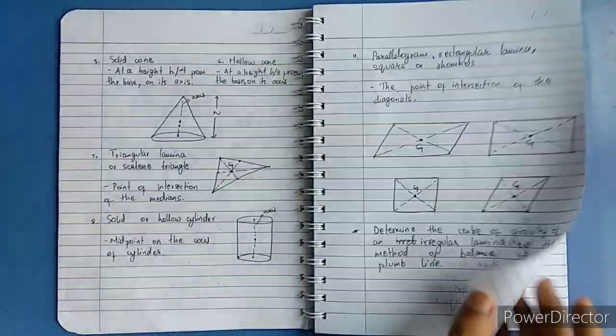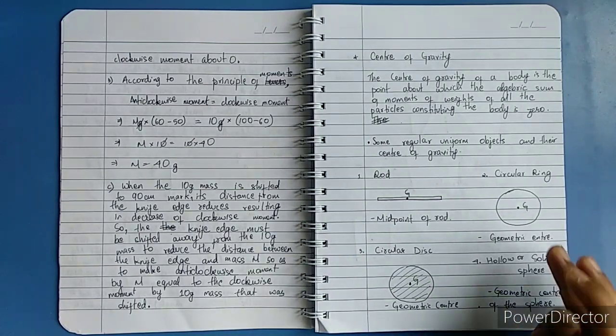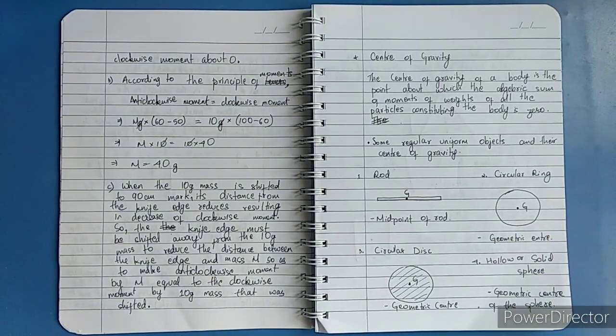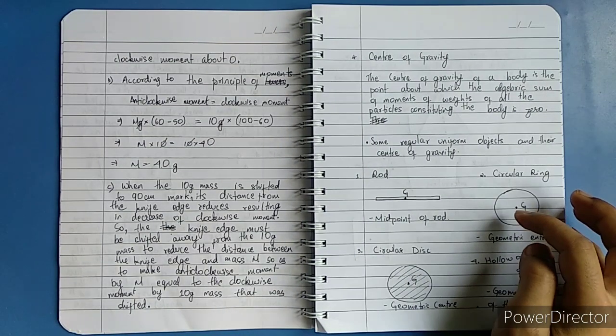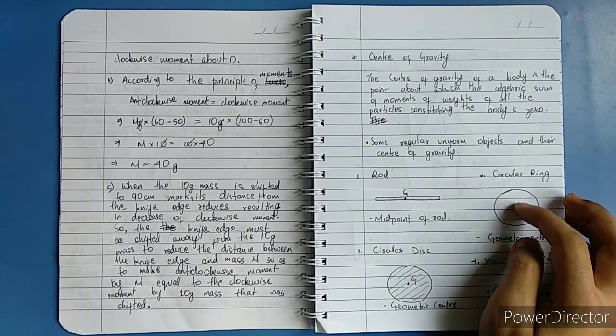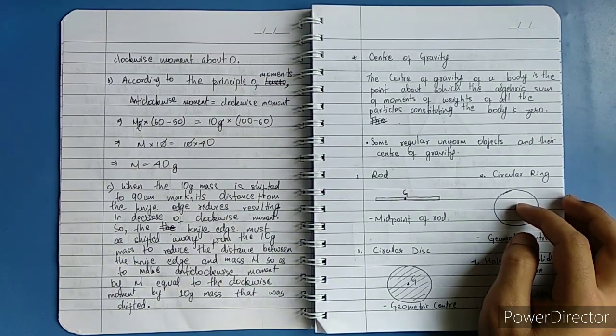For this we can take a number of examples. Say a circular ring, think of a bangle. The center of gravity is at the center, but this center is not within the material.